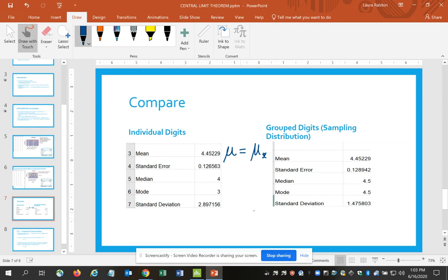Okay, and the numbers show that in this particular case, because the standard deviation is smaller, it varies less. So a group varies less than if I'm just looking at an individual. And there's a very special relationship that exists here.